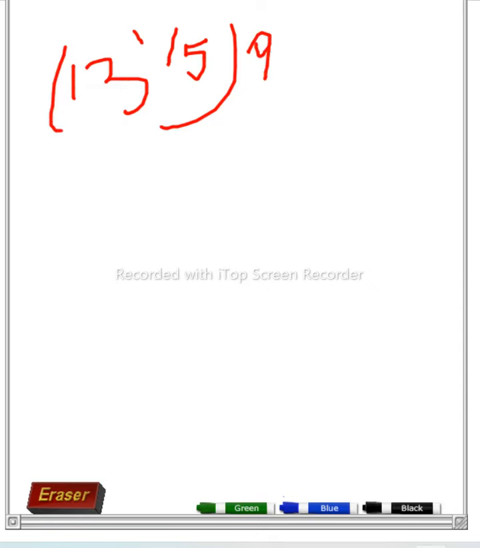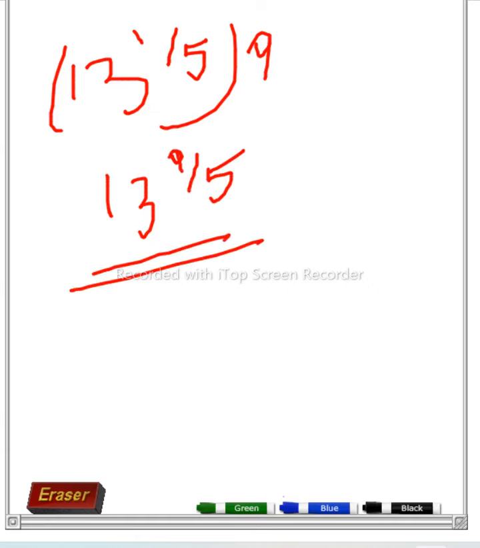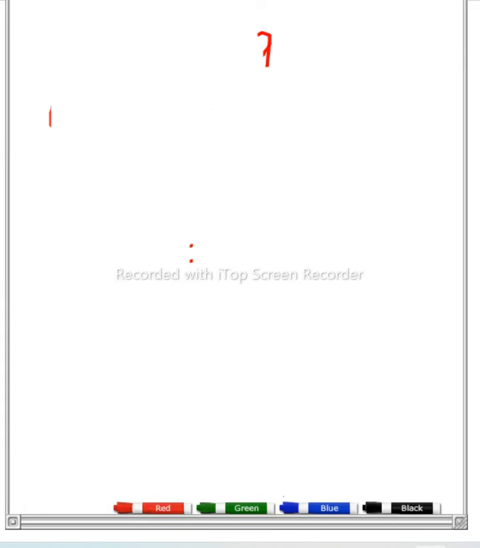We multiply 1 over 5 times 9, and we get 9 over 5. So this is a very simple question: 13 to the power of 9 over 5. This is the final answer.